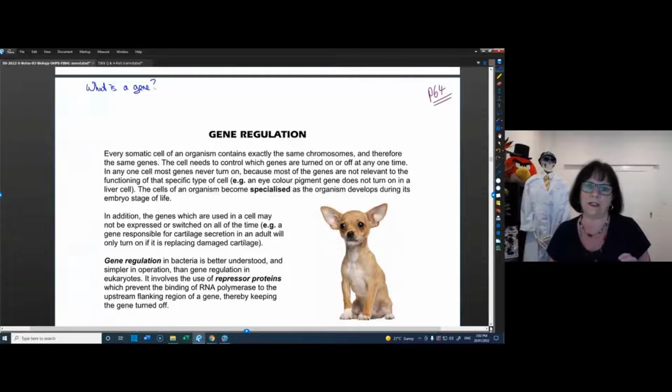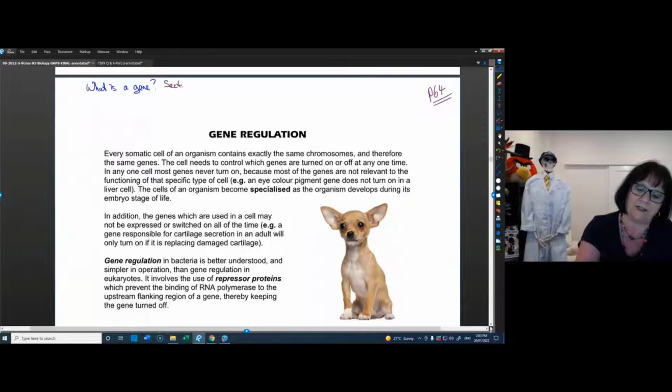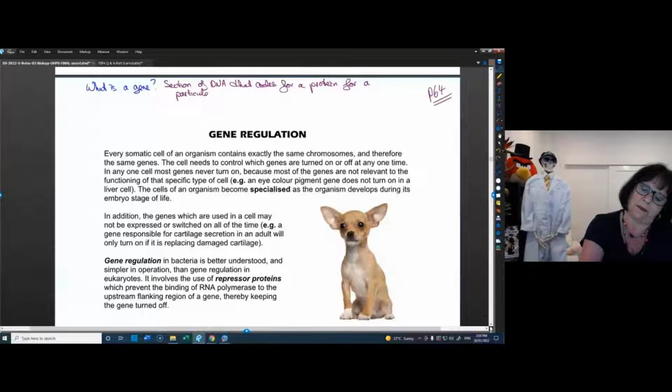So that first and one of the most key questions, what is a gene, is one of the key questions as to how do cells function. And of course, the answer to that question is it is a section of DNA that codes for a protein for a particular cell function or characteristic.